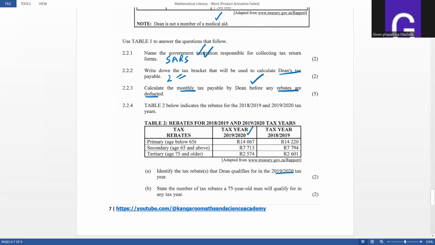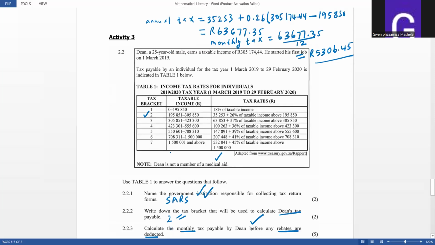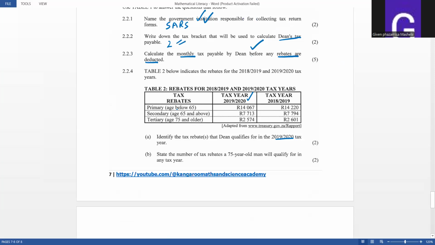First of all, we need to check Dean's age. He's a 25-year-old male, which is below 65, so he falls under primary. So he qualifies for 14,067 rand only.